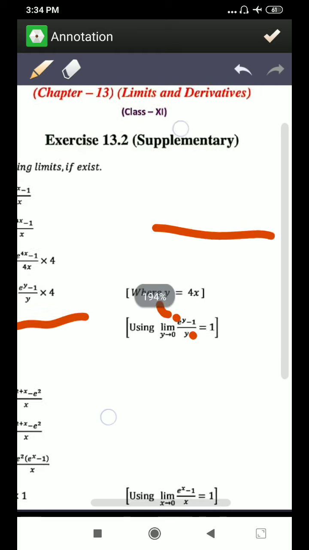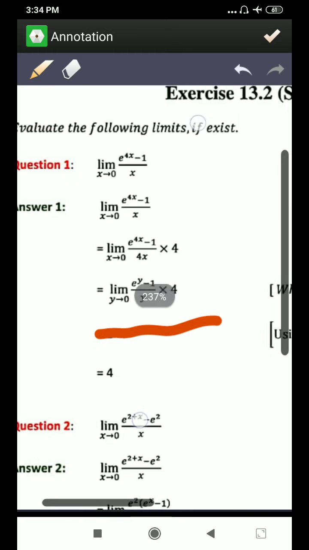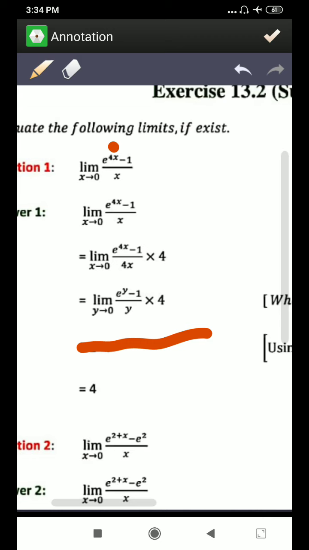To solve this question, as it is 4x, we can apply this theorem only if we have 4 in the denominator also. So I will multiply this by 4 and divide this by 4. So it will become e raised to power 4x minus 1 upon 4x, into 4. Now this whole thing is 1 only.